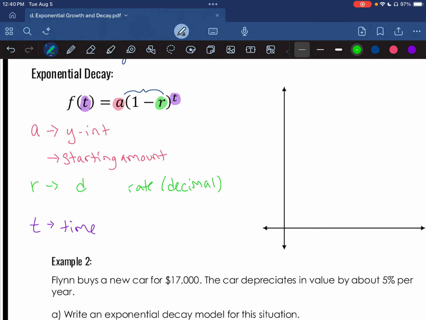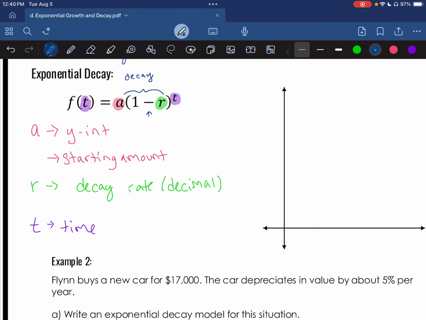And so this one, notice the minus r now because we're decreasing by that 5 or 7 or 10%, whatever it is. And so that makes us not the growth factor, but the decay factor. And it's always going to be less than 1, right? Since we're taking 1 away.